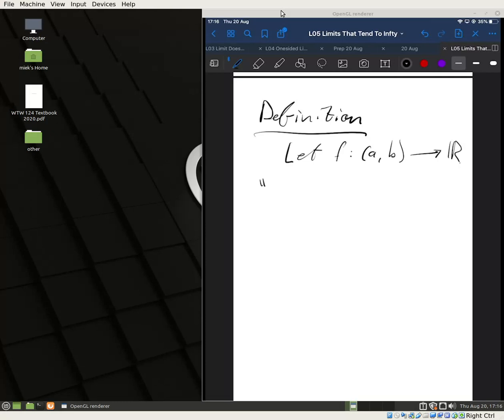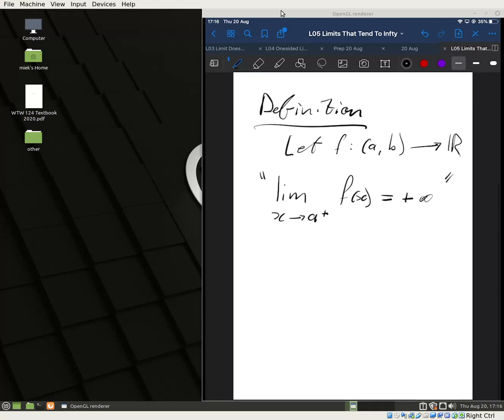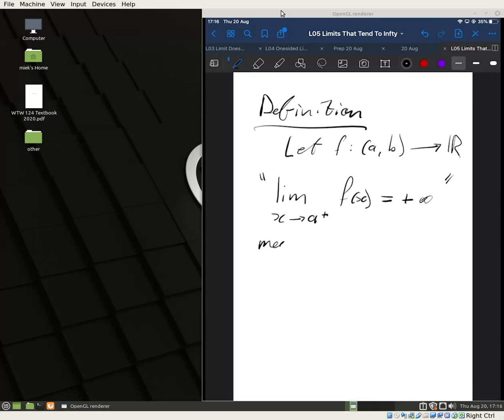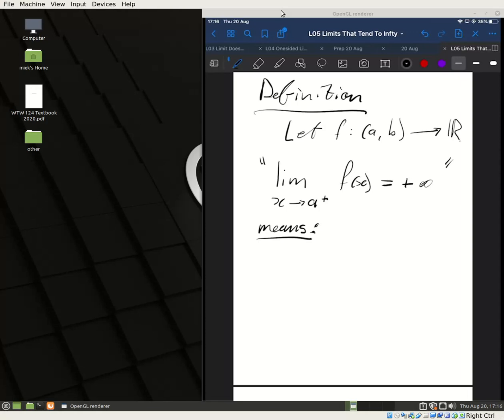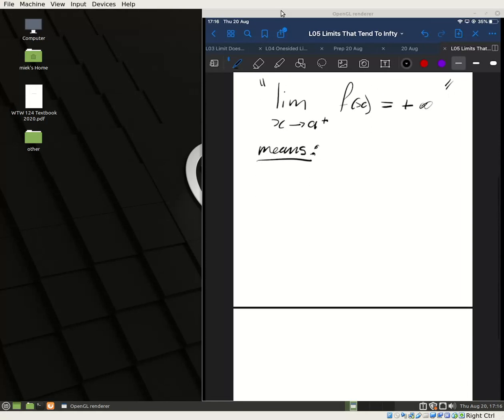Then the following means: the limit as x tends to a from the right of f of x is equal to plus infinity. This means the following, and now pay close attention to how I write this.